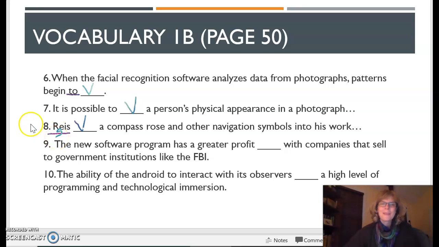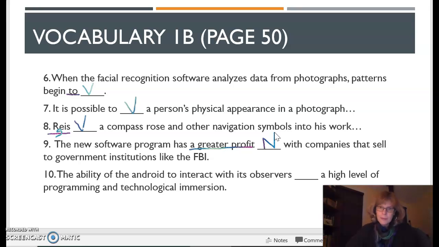Number 9, the new software program has a greater profit. This is a noun phrase. It starts with a, greater, profit. These are descriptors, and I need a noun that's going to talk about something I use with the word profit.